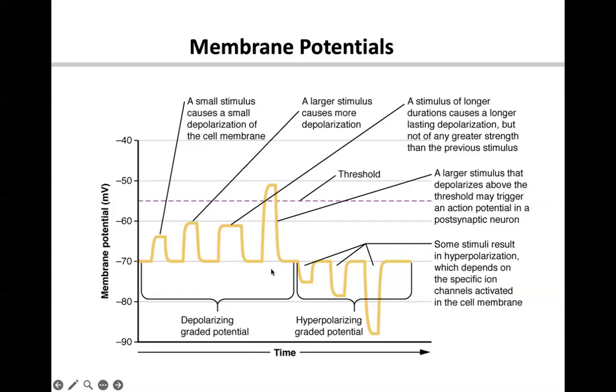But if from negative 70, it reaches a point of negative 55, shown in a purple dash, it is called threshold. This threshold means at this point, the action potential has been initiated.